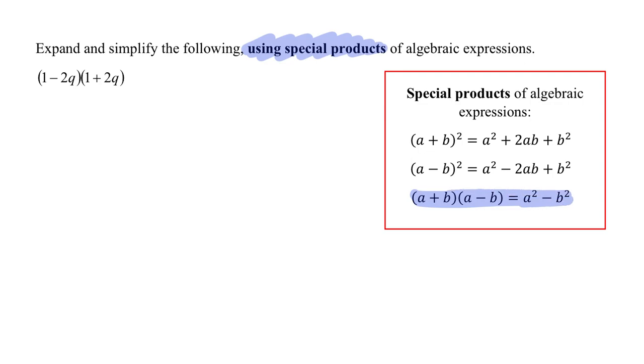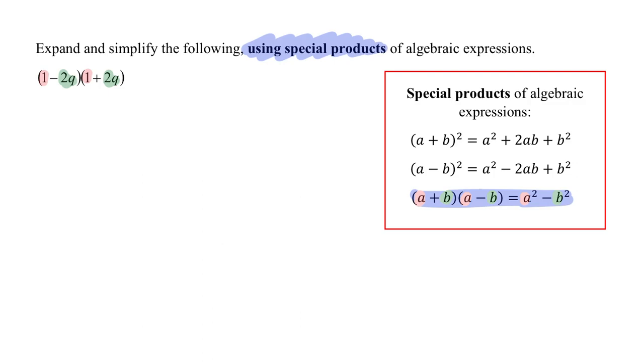I'm going to apply this special product, and later on you will then see me substituting my A as 1 and my B as 2q into the formula where this will become A squared minus B squared.